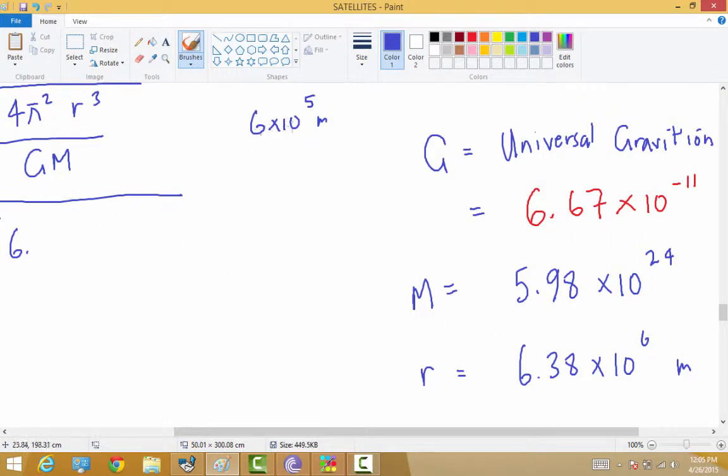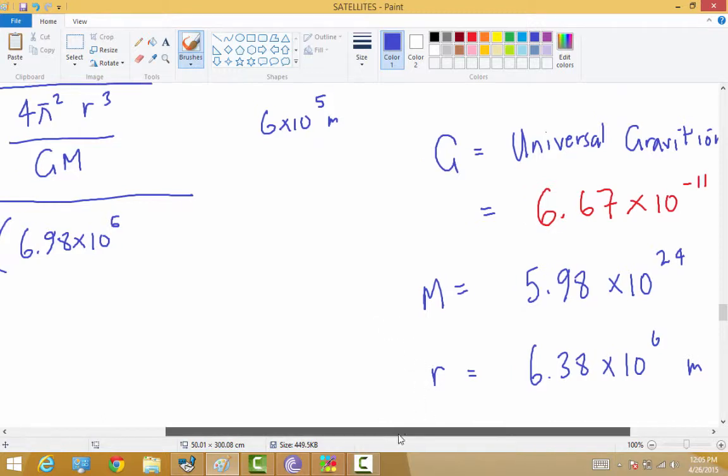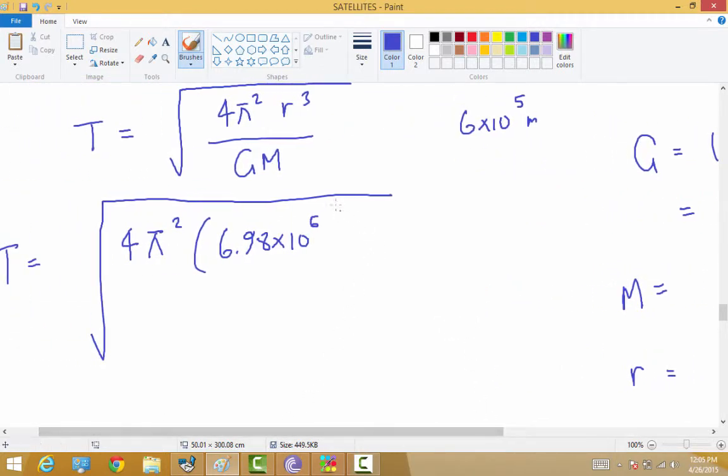So if I add this to the radius of the Earth, it becomes 6.98 times 10 to the 6 meters, cubed.